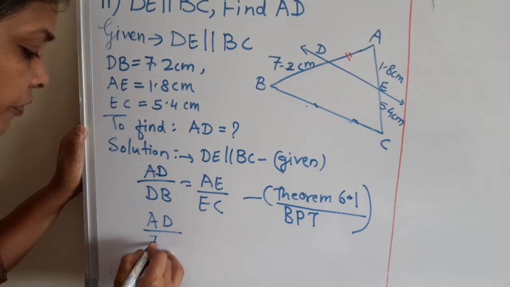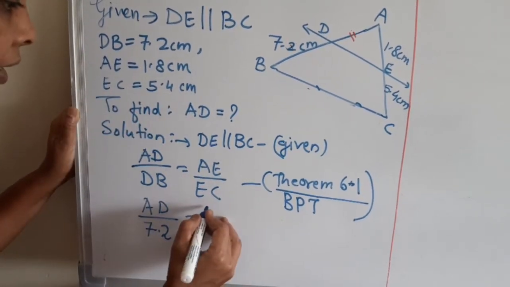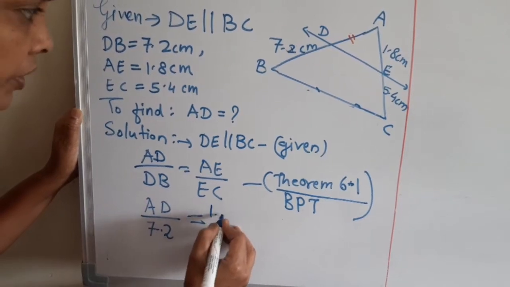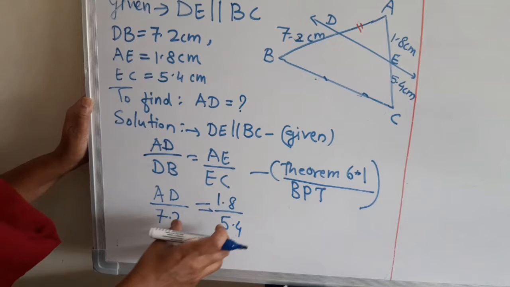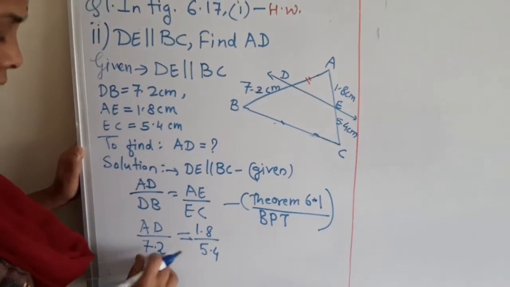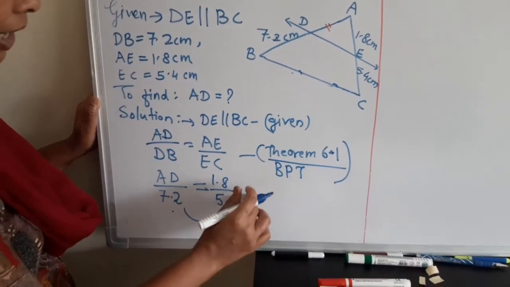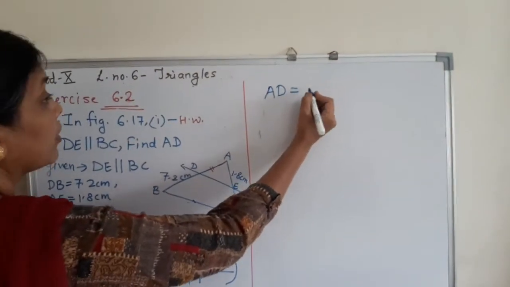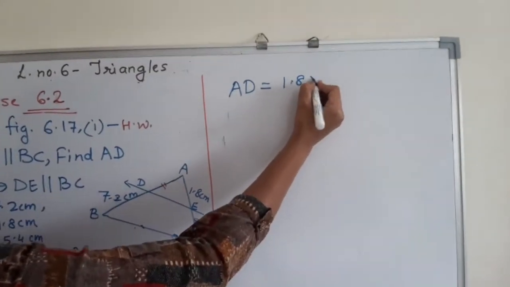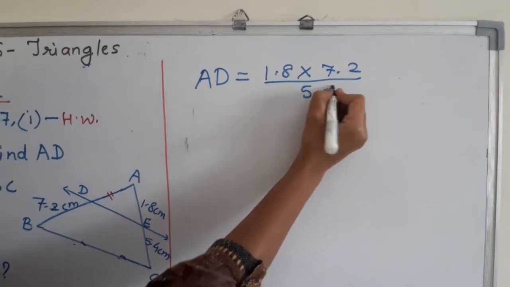DB is 7.2, equal to AE which is 1.8 upon 5.4. Now treat this as an equation and transpose this here. When it is divided here, it will get multiplied to this side. So AD is equal to 1.8 into 7.2 upon 5.4.